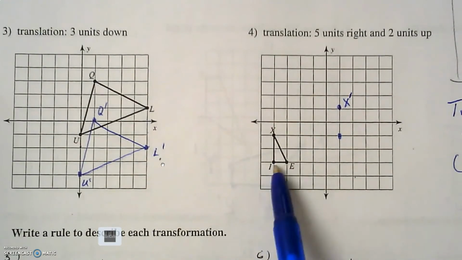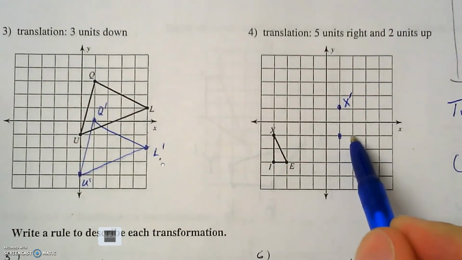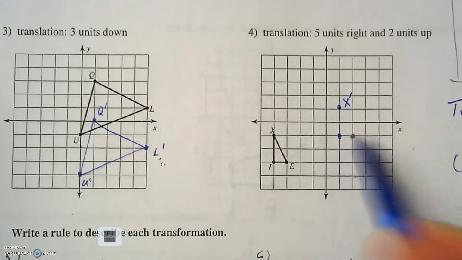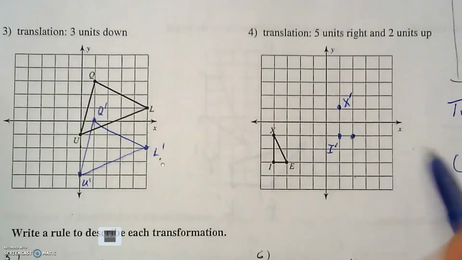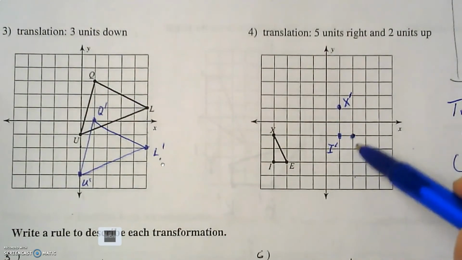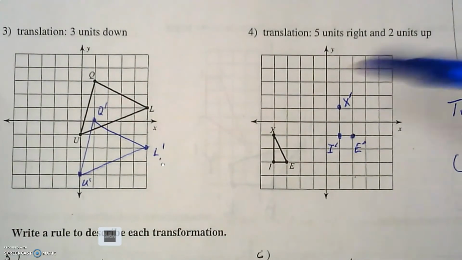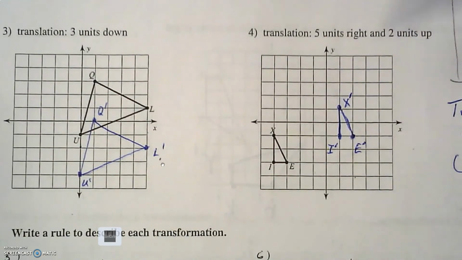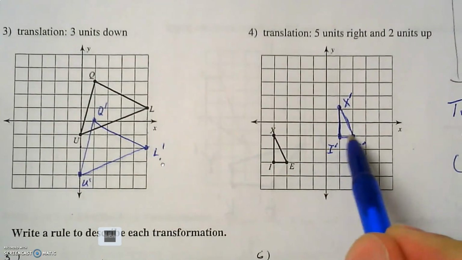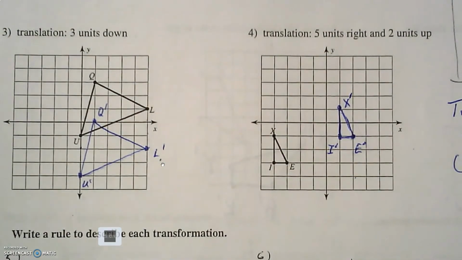Point E is over 1 from I. Well, it still will be over 1 in this figure, except it won't be I anymore. It will be I prime. And this point will be E prime. And I'll draw my little triangle here. That is a translation. Okay, so the assignment has 6 of those.